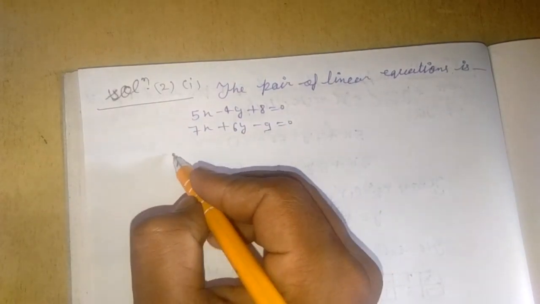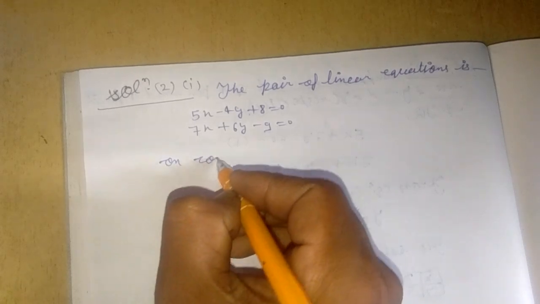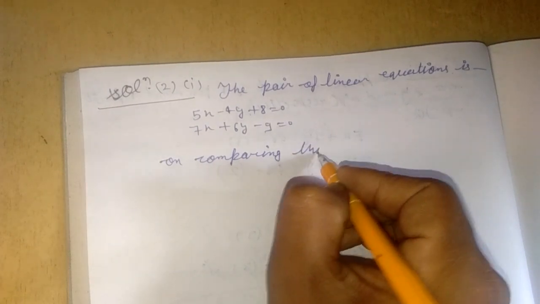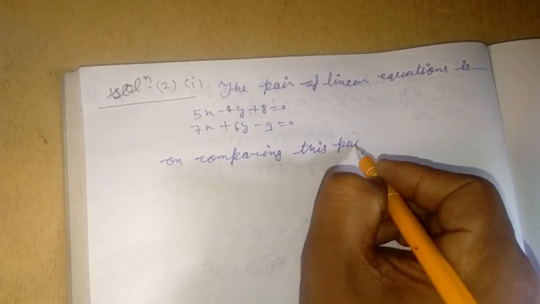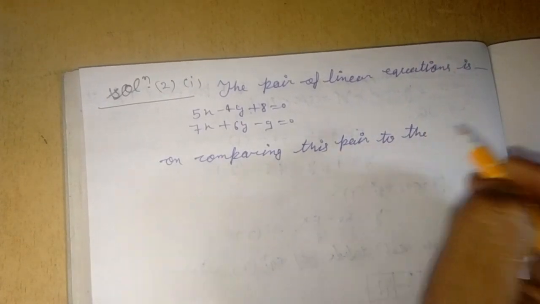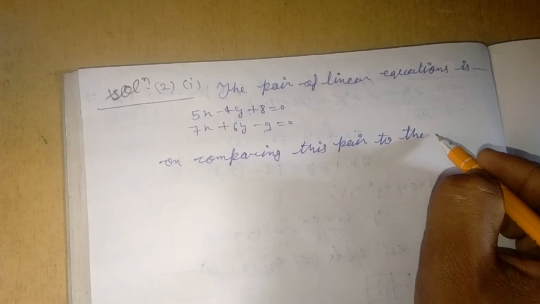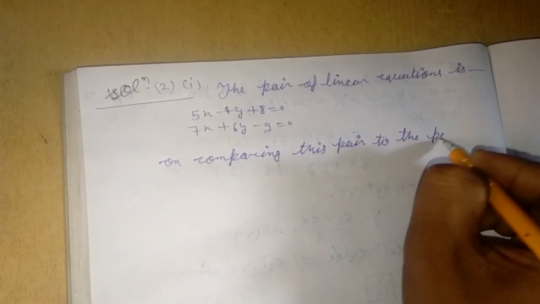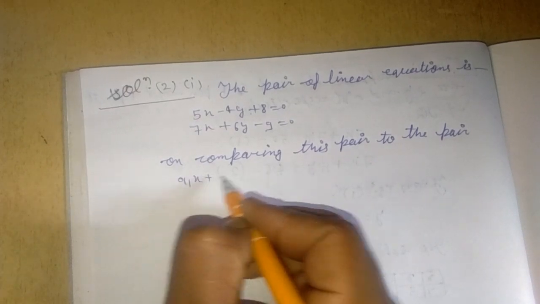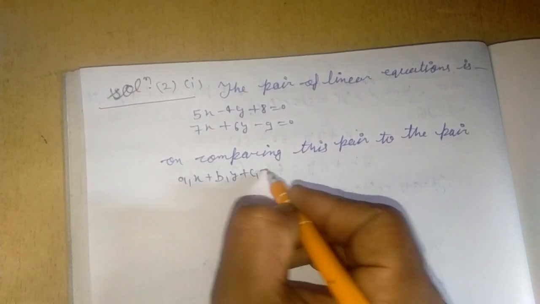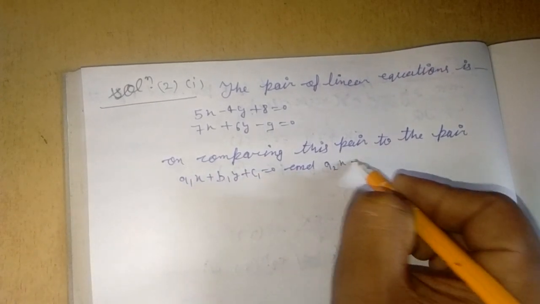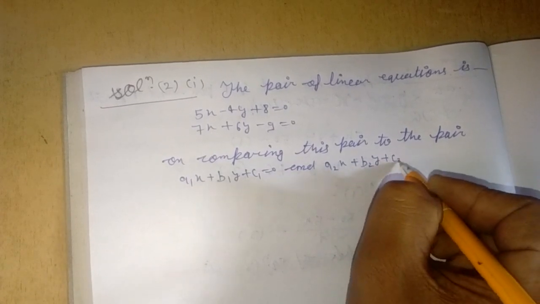Okay, so we write here, on comparing this pair to the pair a1x plus b1y plus c1 equal 0, and a2x plus b2y plus c2 equal 0.